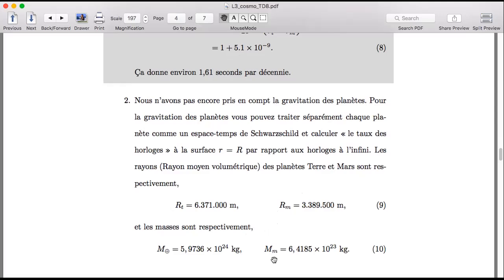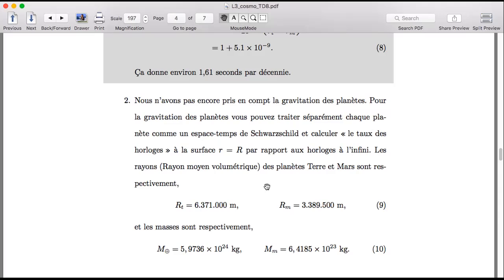Maybe the proper way to say it is they've slowed down with respect to the global coordinate time on Earth more than on Mars. That's the safest way to say it.